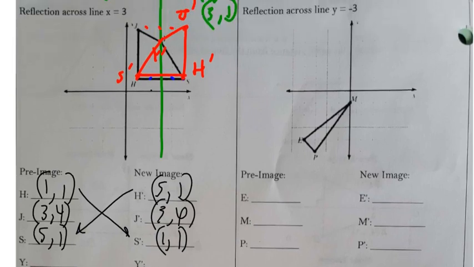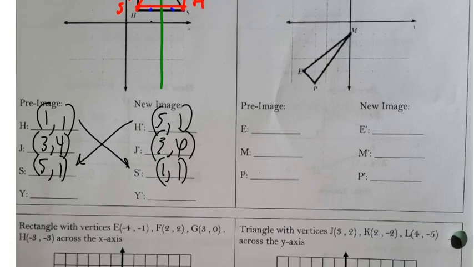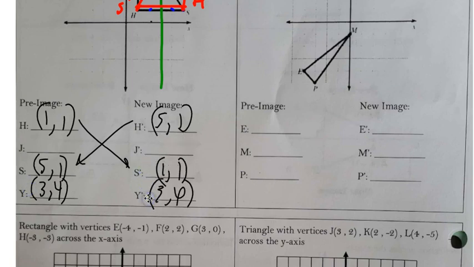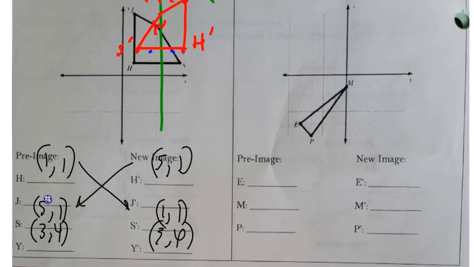Oh, wait a minute. My bad. I said J was Y. Sorry, bad printing. (3, 4) goes here, and (3, 4) goes there. Y, which is at (1, 5).